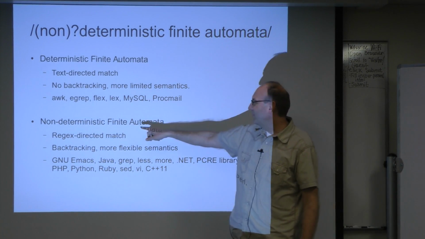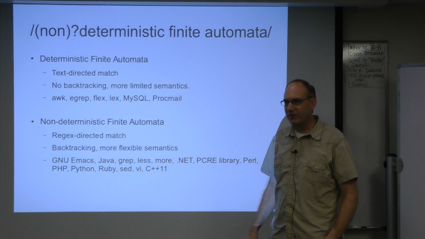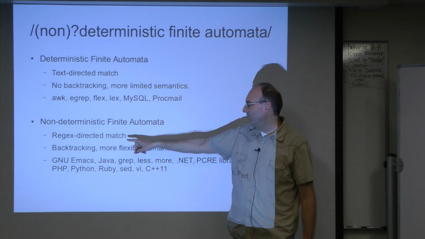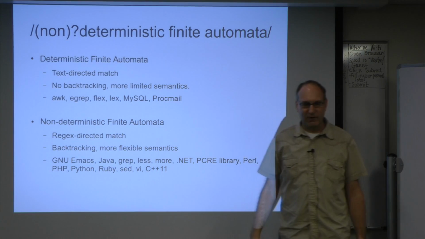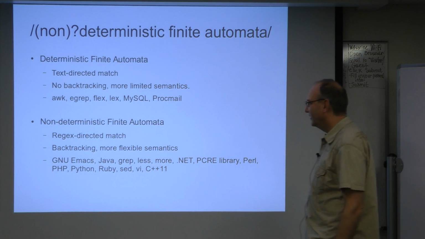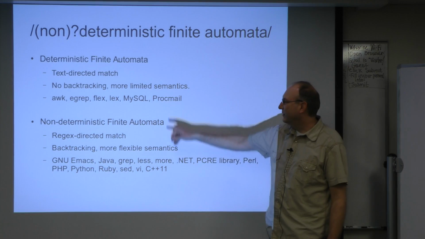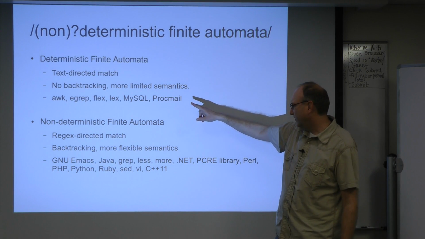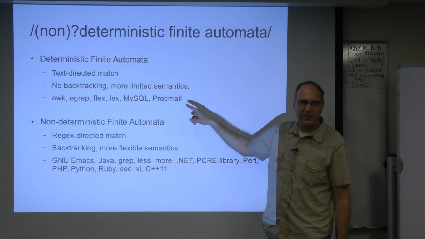With the non-deterministic finite automata, which is what most of us use in our day-to-day use with regular expressions, it's a regular expression-directed match, where the expression directs where we are in the string and can do backtracking and some other more fancy things. Lex, I think Lua should be on this list as far as languages that use DFA.